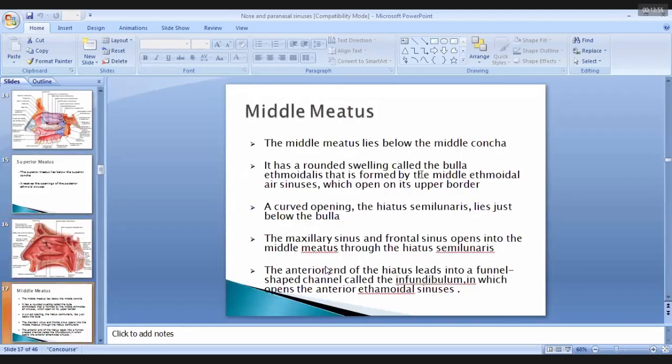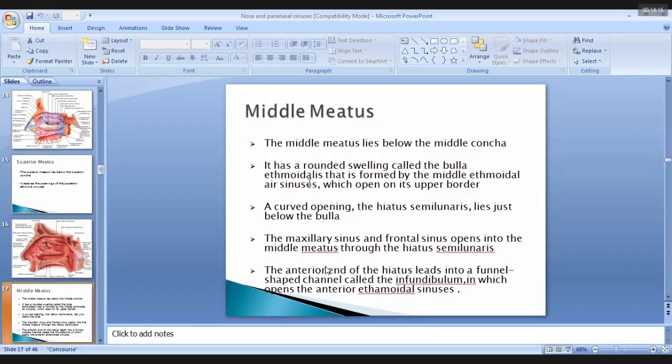Now the middle meatus is a space that lies below the middle concha. In this middle meatus, there are certain structures, certain protrusions or channels. The first structure related to the middle meatus is a rounded swelling known as bulla ethmoidalis.